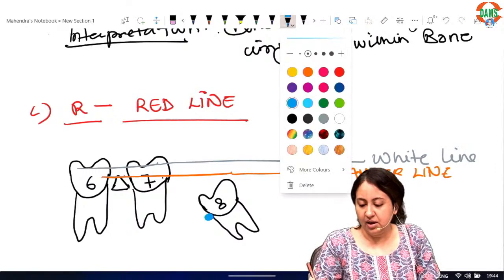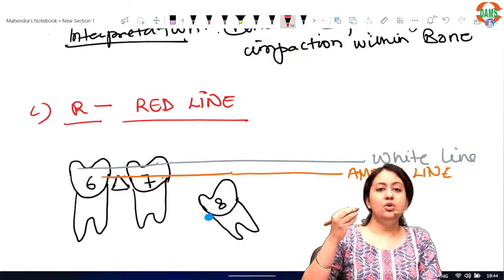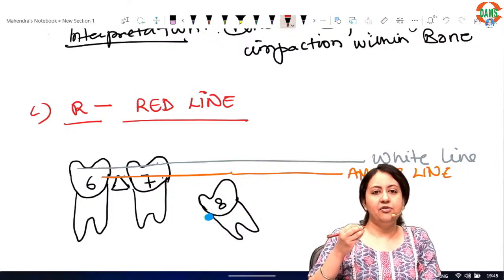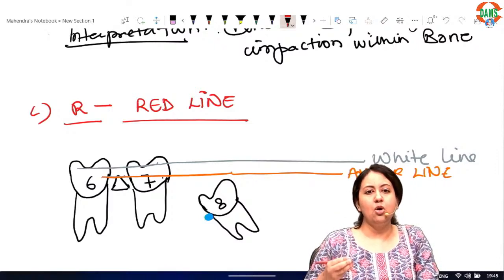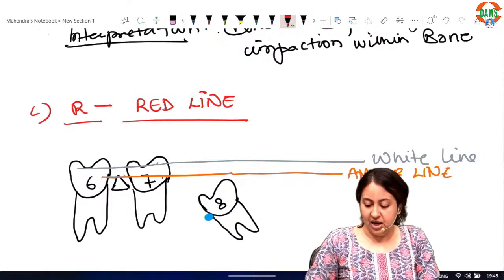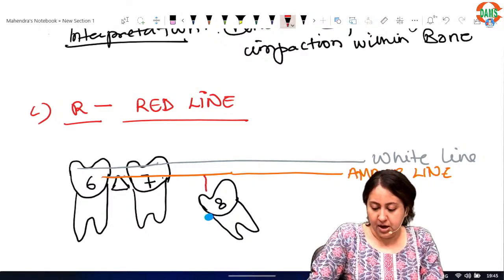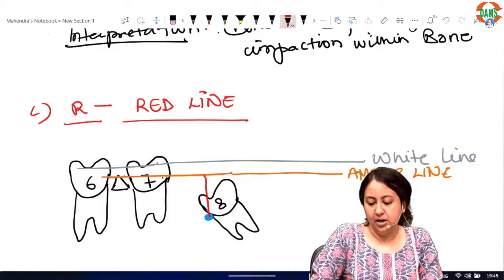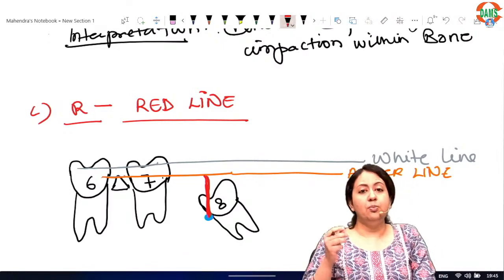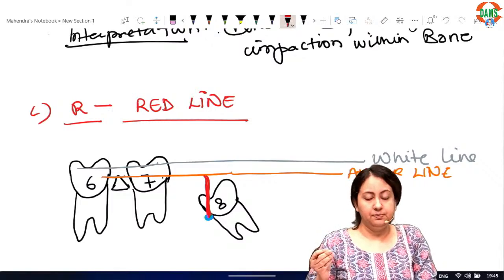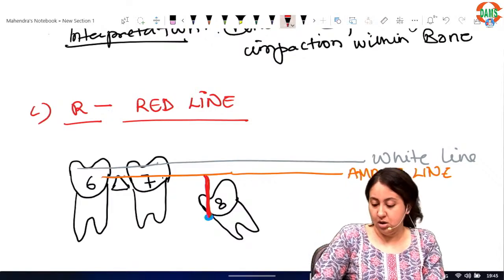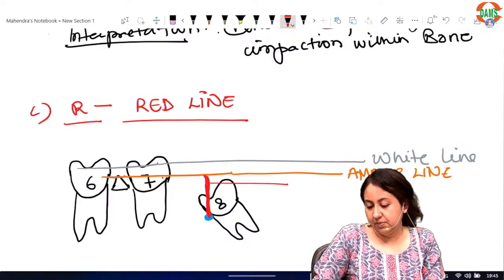The red line is that you will draw a perpendicular from the amber line to your point of application of elevator. All right, this is your red line.